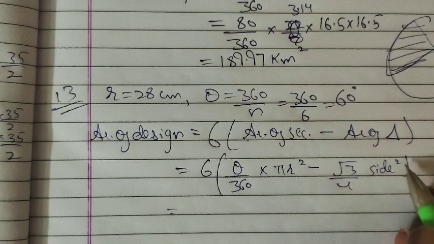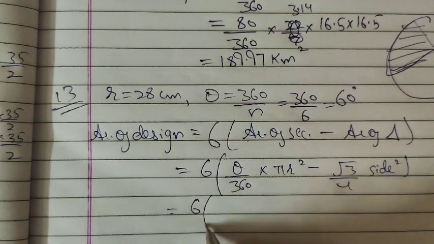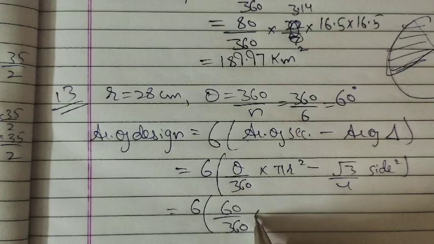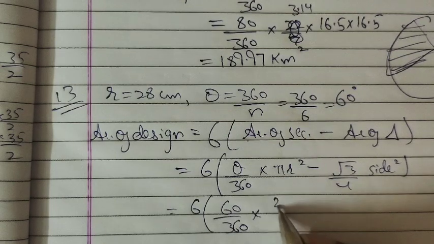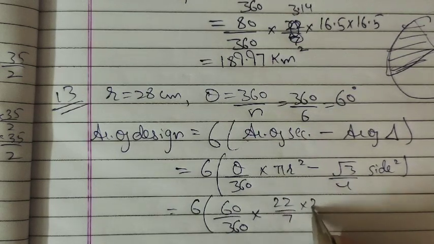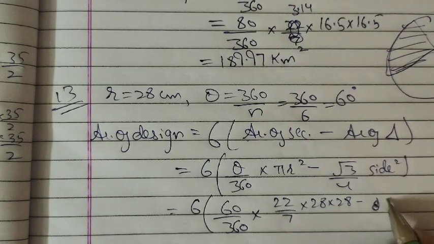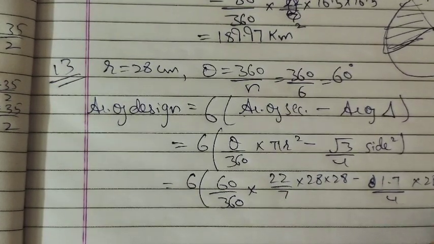So just prove that this is an equilateral triangle first. In the previous question, question number 5, we have done that. Just refer to that question. So theta is 60 upon 360 multiplied by pi value 22 upon 7, let's take, multiply 28 minus root 3 value is 1.7 divided by 4, side value is 28 multiplied by 28.